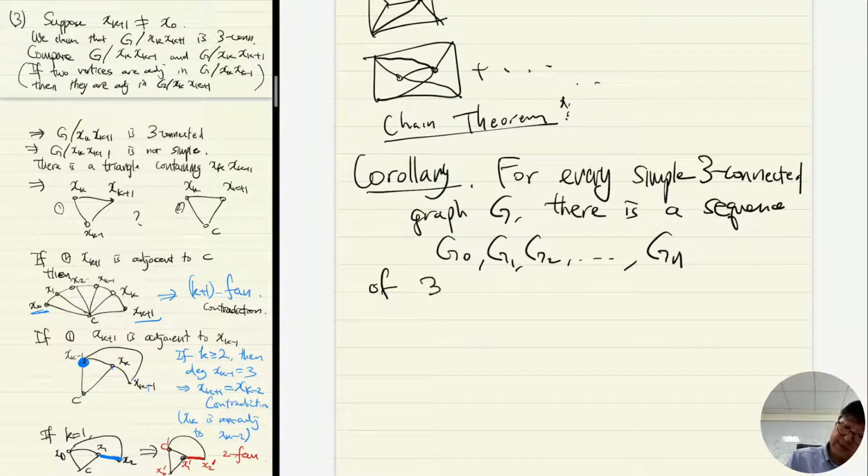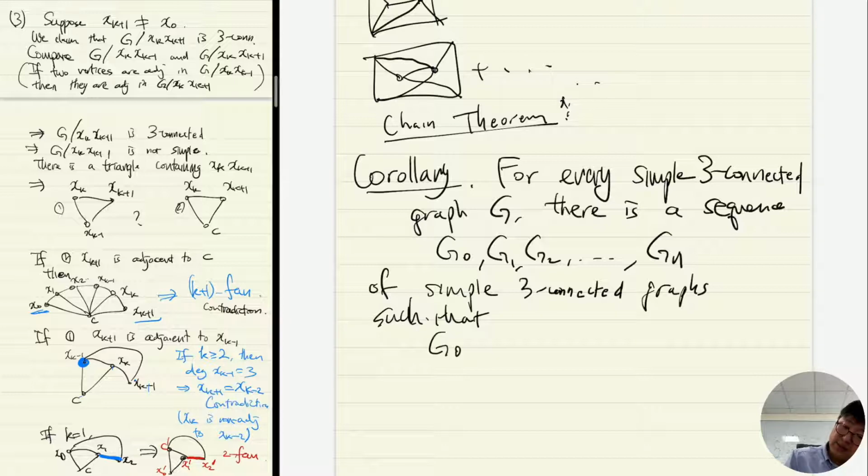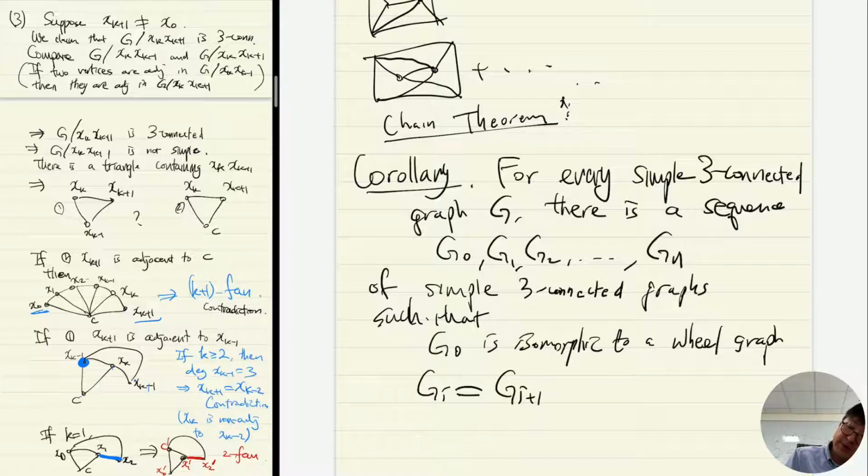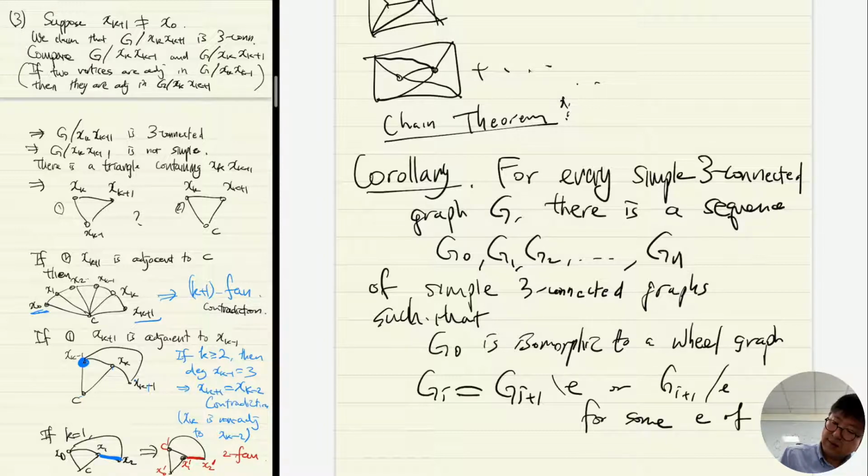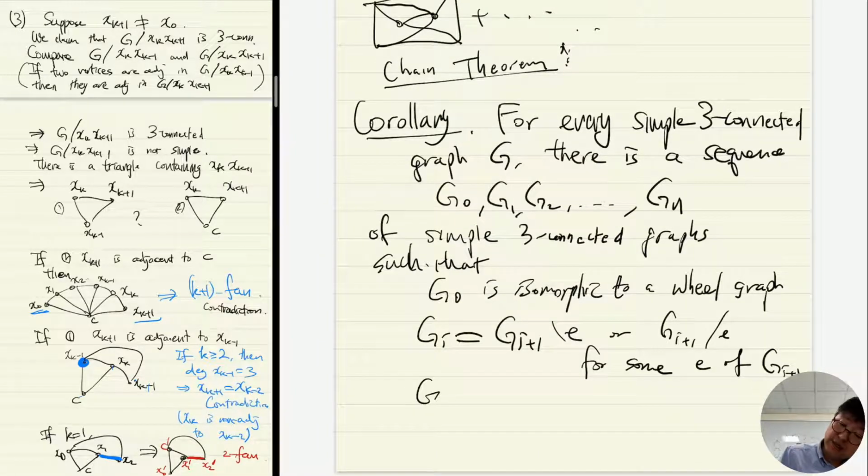Each of them is a simple 3-connected graph, such that G0 is isomorphic to a wheel graph, and Gi is equal to Gi plus 1 delete E or contract E for some E, and Gn is equal to G.